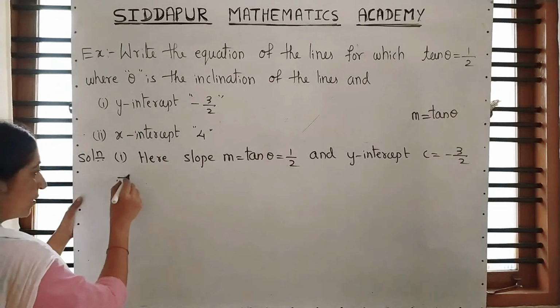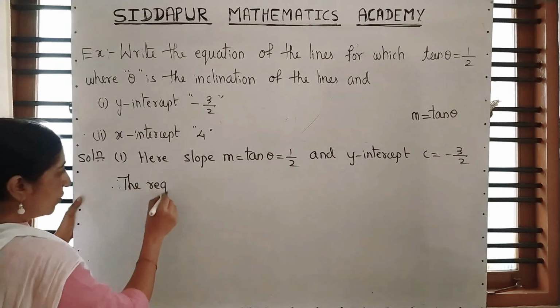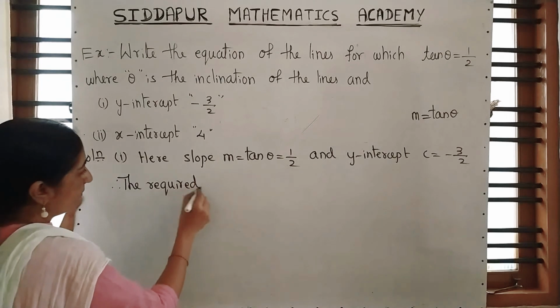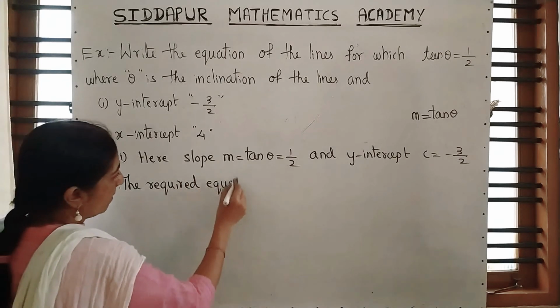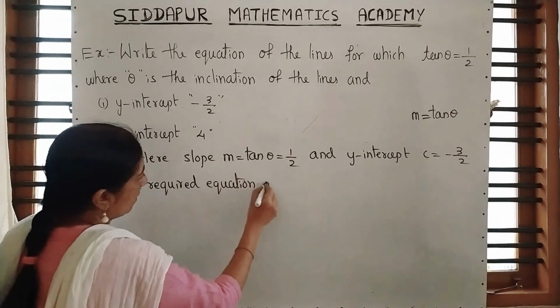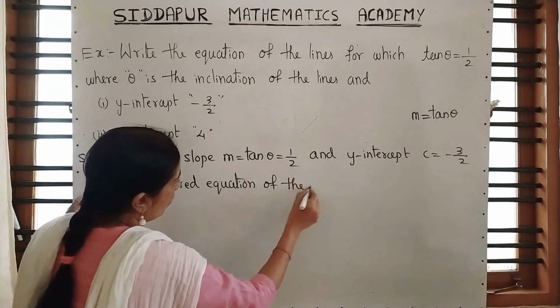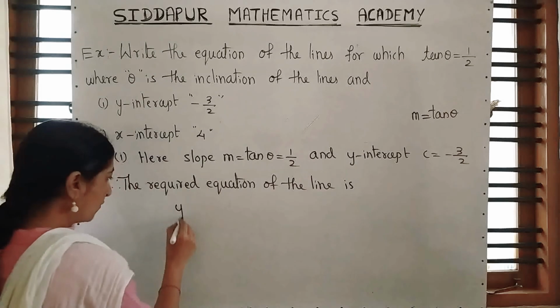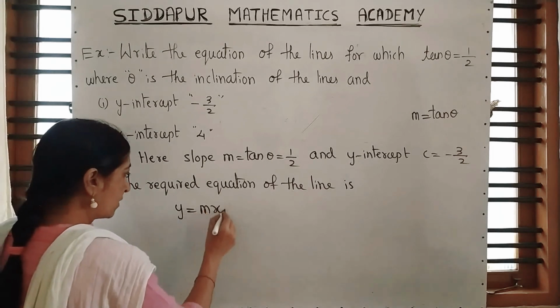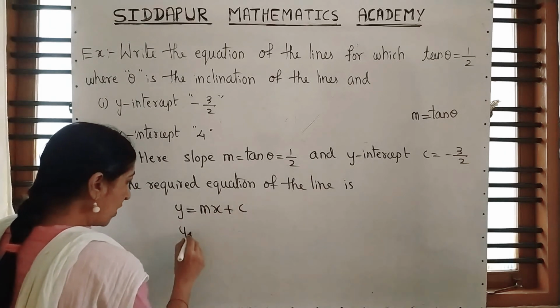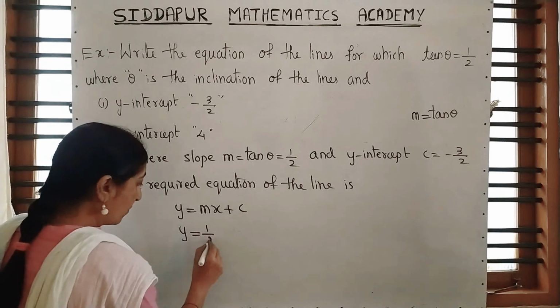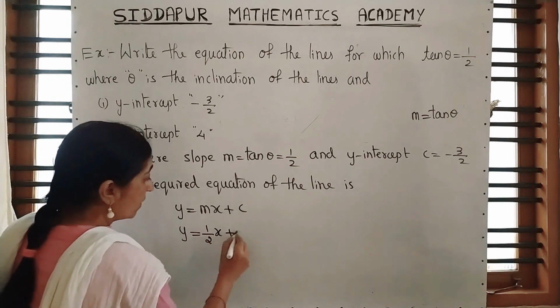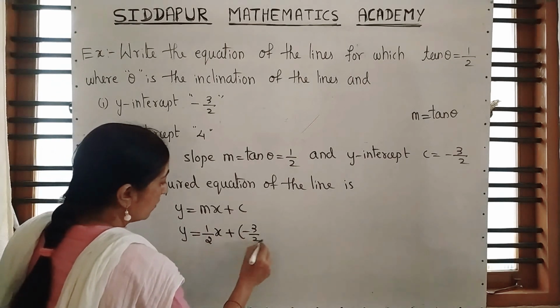Therefore, the required equation of the line is y is equal to mx plus c. Y is equal to 1 by 2 x plus minus 3 by 2.